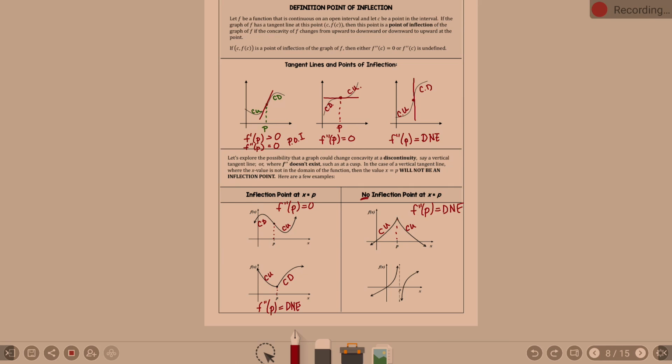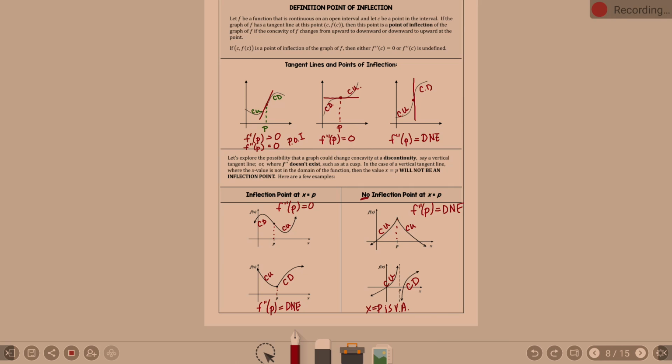Last one. Concavity to the left of P is concave up. To the right of P, concave down. You have concavity changing, however, it's not continuous. That x equals p is a vertical asymptote.